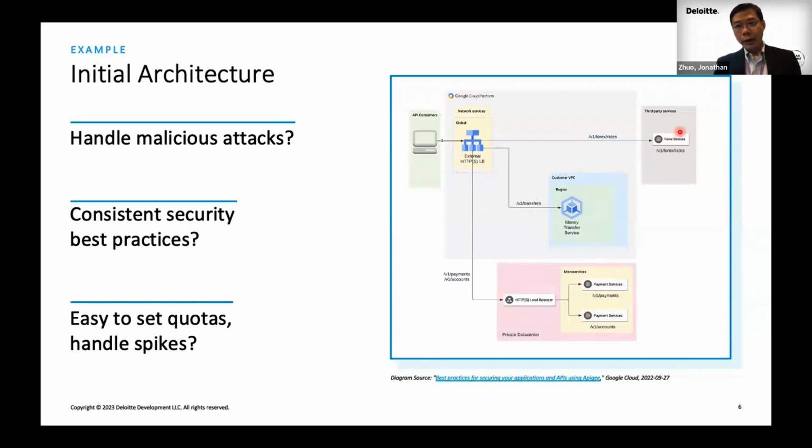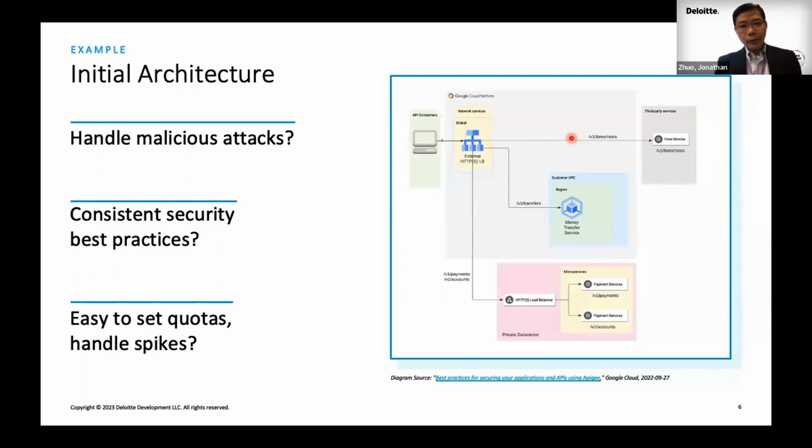And the foreign exchange service is hosted in third-party sites. And I have HTTPS load balancing, which controls and configures the ingress to the services. HTTPS load balancing forwards the request to the appropriate backend or third-party services and handles the TLS handshake.